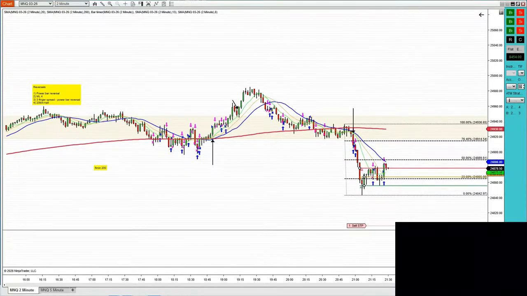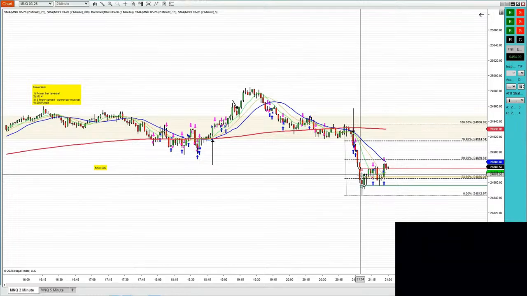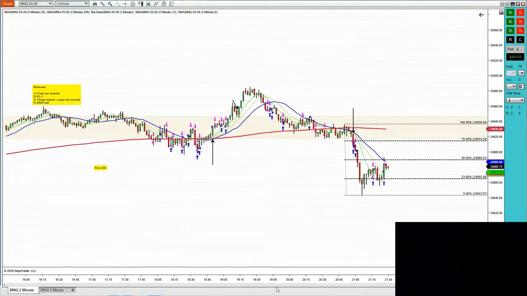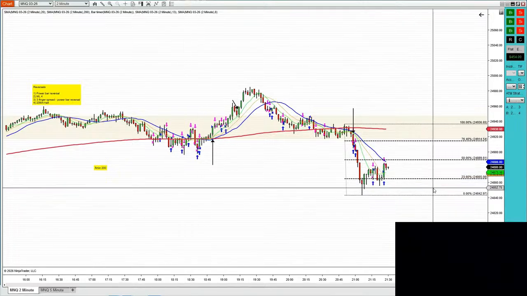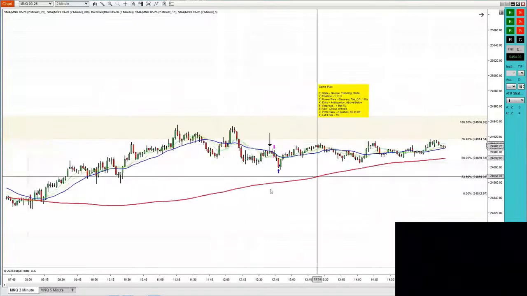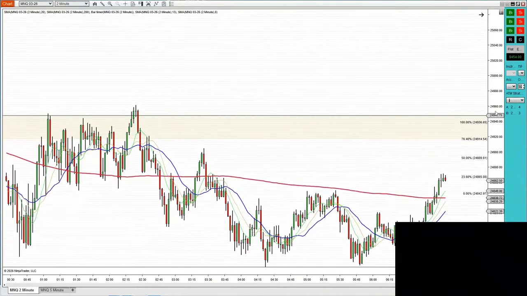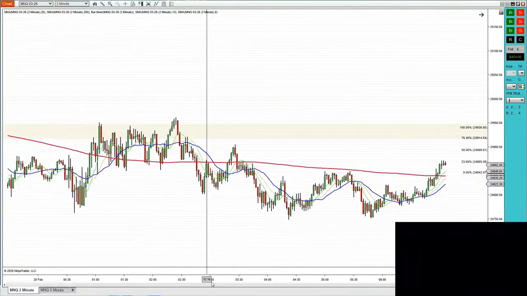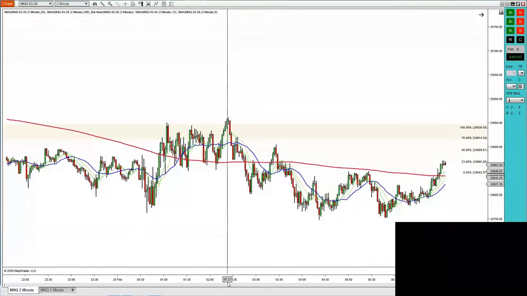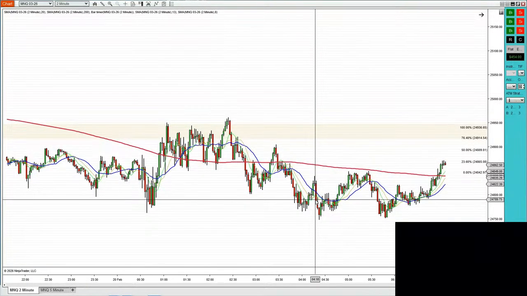And I'll see if I can find something that matches what I'm looking for right now. Okay. See if there's anything on the short side. Yeah, I guess something like that. Like this one here.